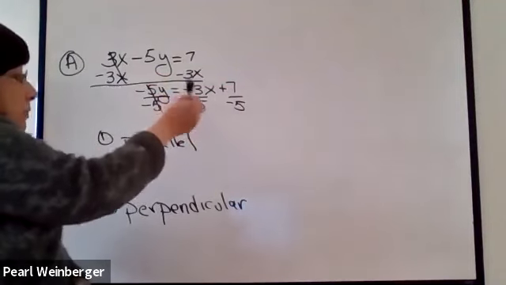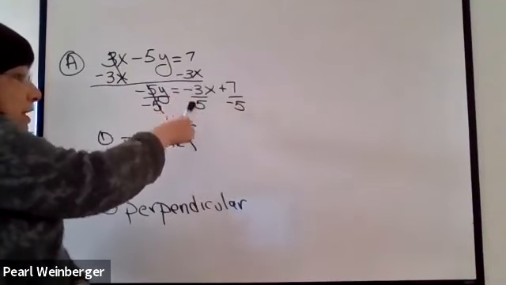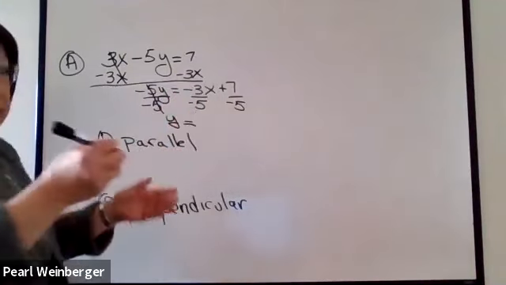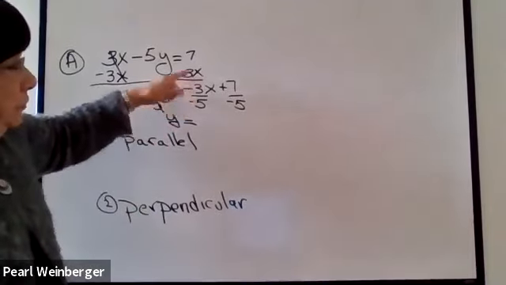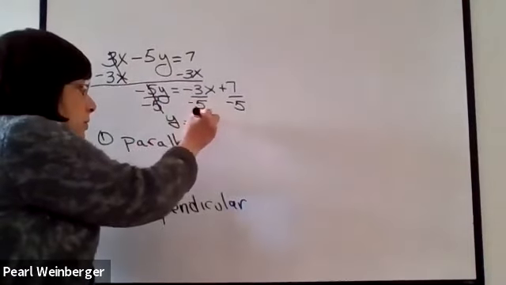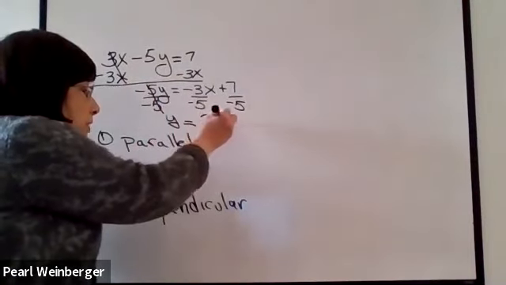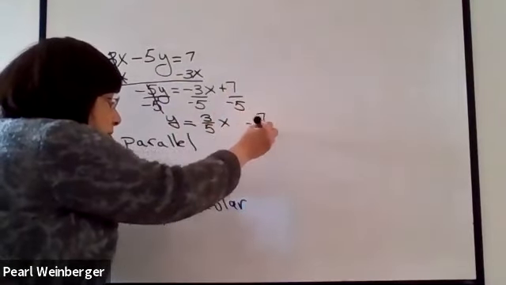And then I'm going to divide everything by negative 5 and simplify. This gives me y equals, now remember, when I have a negative over a negative, it becomes a positive. If we can reduce it further, we try, but 3 over 5, you can't reduce any further. So this becomes 3 over 5x, and this is minus 7 over 5.